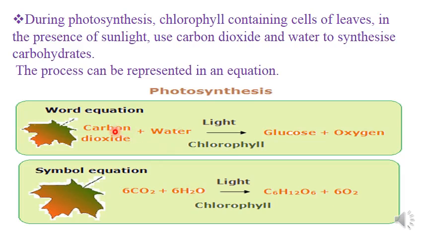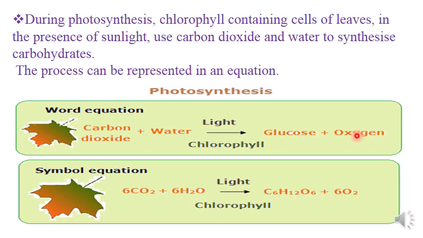Carbon dioxide is taken from the atmosphere by the stomata. Then water is absorbed from the soil by the roots. Then in the presence of solar energy, sunlight and chlorophyll, it gives food, that is nothing but glucose, and oxygen as a byproduct is released.